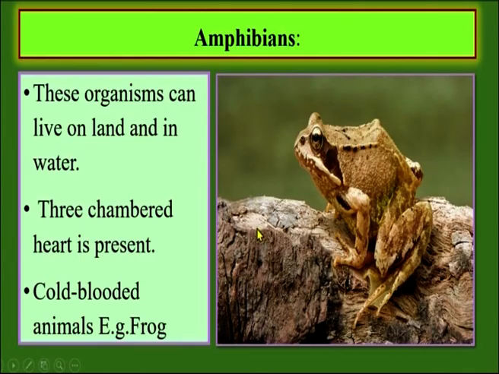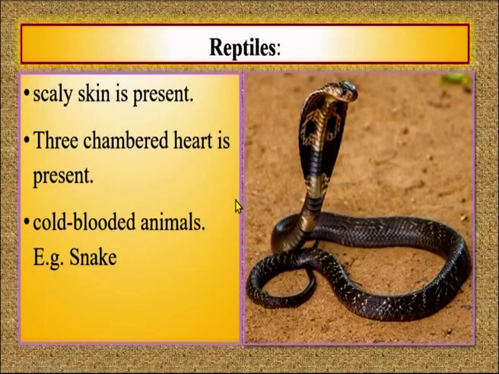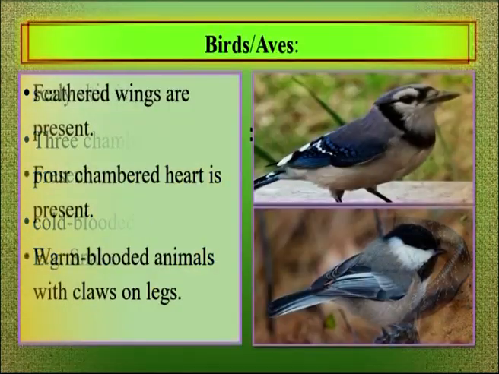Amphibians, these organisms can live on land and in water. A 3-chambered heart is present. These are also cold-blooded animals. Example, frog. Reptiles, scaly skin is present. They have a 3-chambered heart. These are also cold-blooded animals. Snake, garden lizard, etc. are the examples for reptiles.